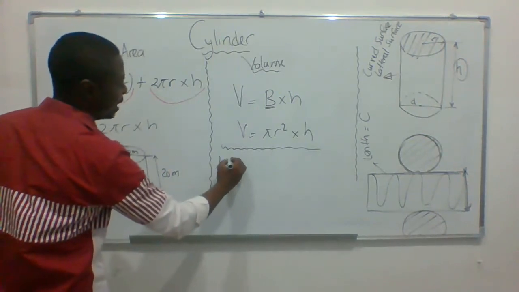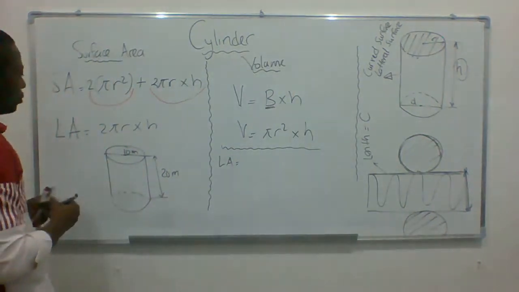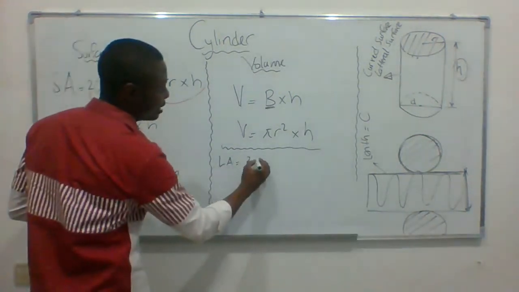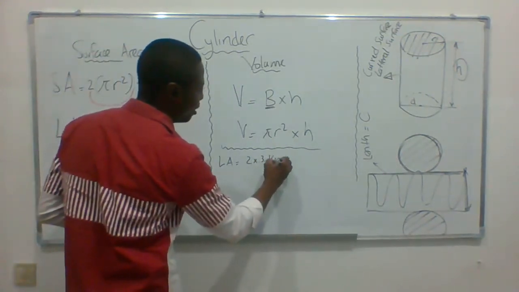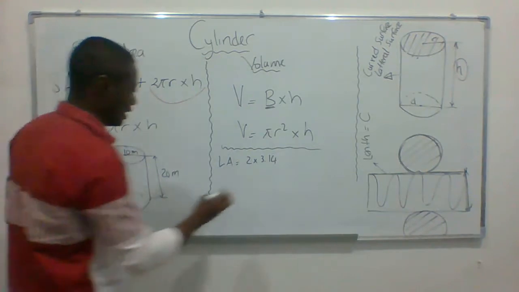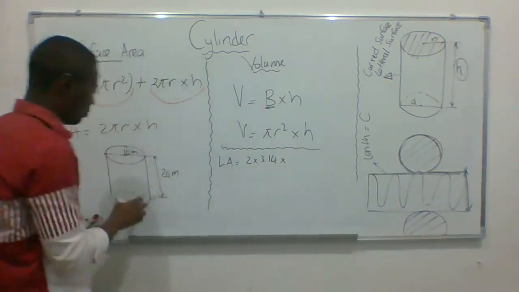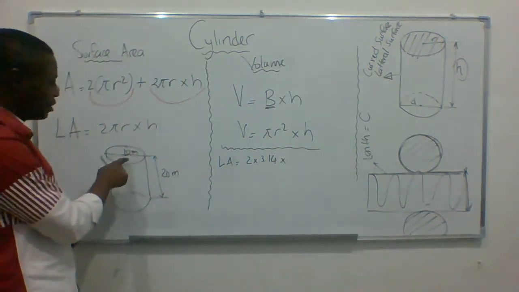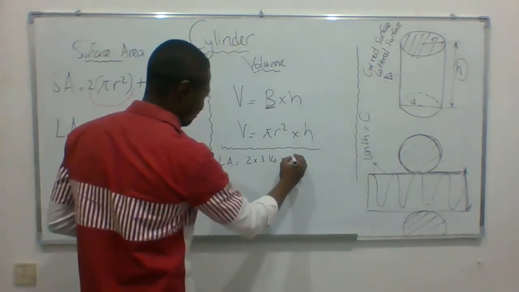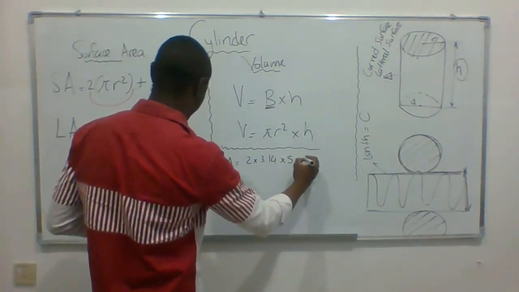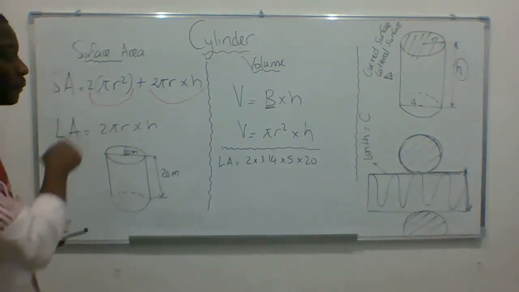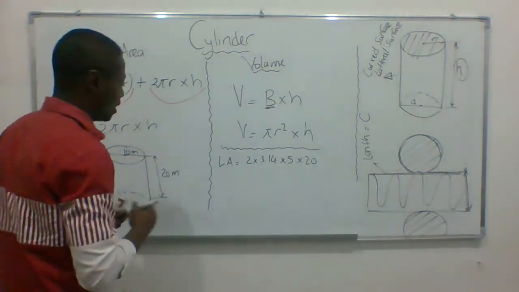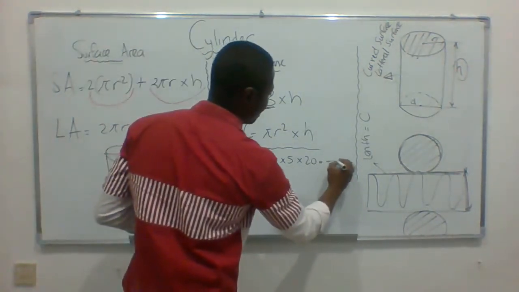The lateral area is equal to 2 times pi, and we already know pi is 3.14, times the radius. The radius is half of the diameter, so the radius is half of 10, which is 5, then times h, which is 20.